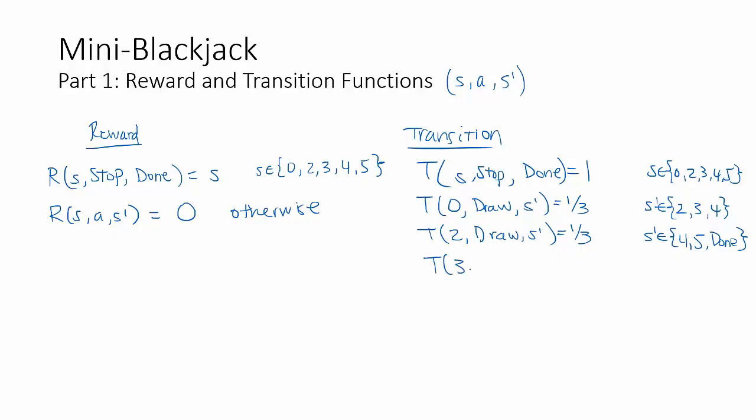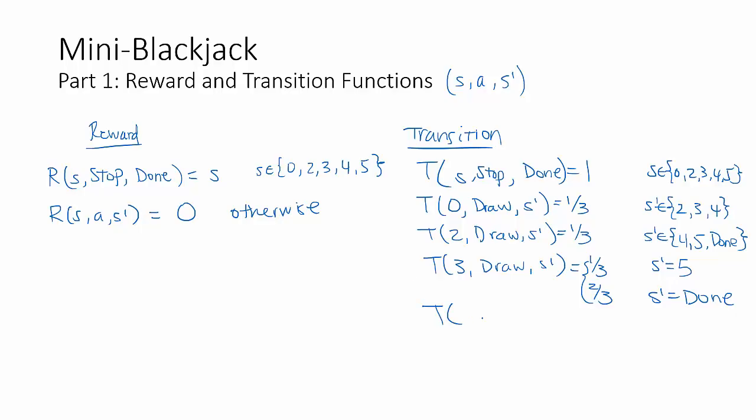Starting at 3 and taking the action draw, what successor states can we land in? Well, we can land in state 5 if we draw a 2, and that happens 1/3 of the time. If we draw a 3 or 4, we land in the done state, and that occurs 2/3 of the time. So there we have 2 cases for this transition.